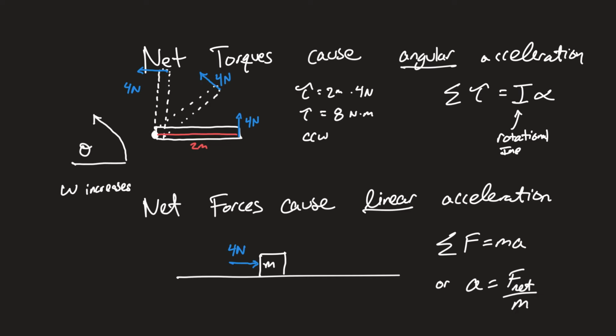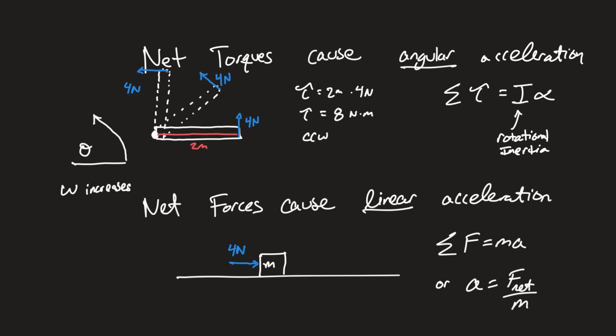Rotational inertia plays a very similar role that mass does, except there's some more subtleties about it. It's kind of, how hard is it for this object to rotate around some chosen point in space? And then that becomes a number, and then we're able to calculate things. Okay.